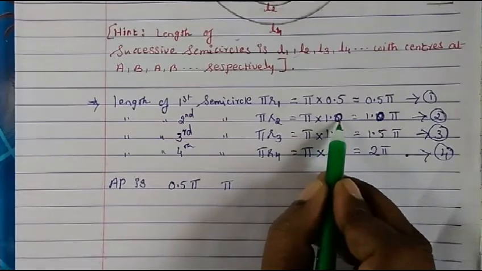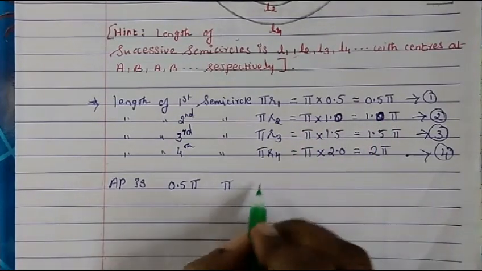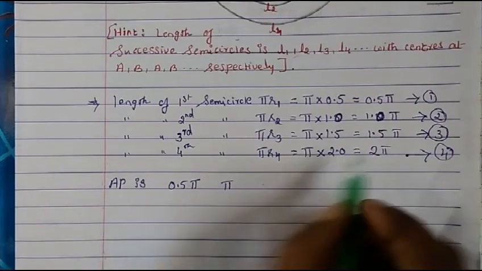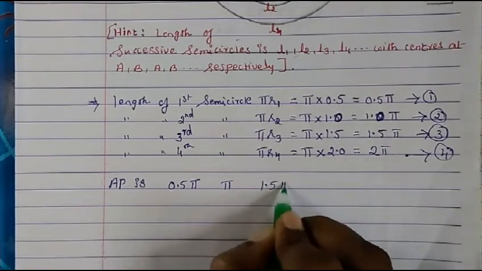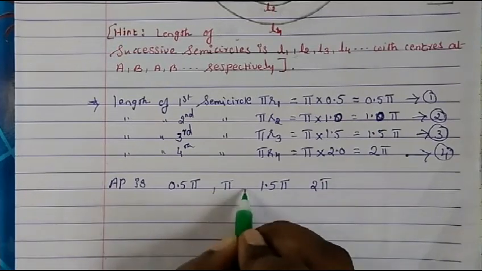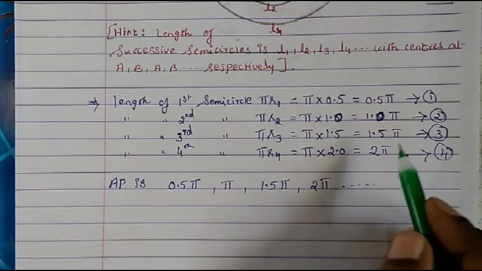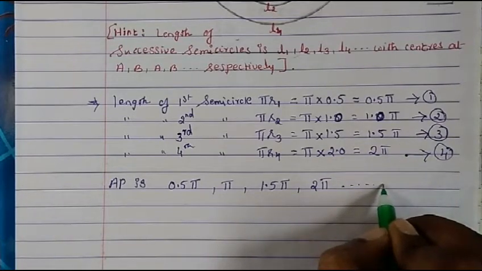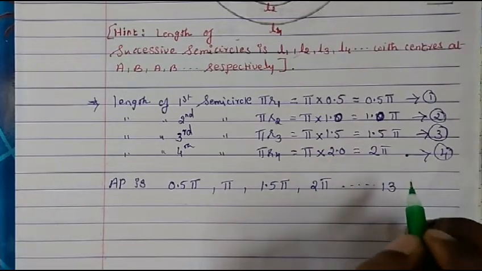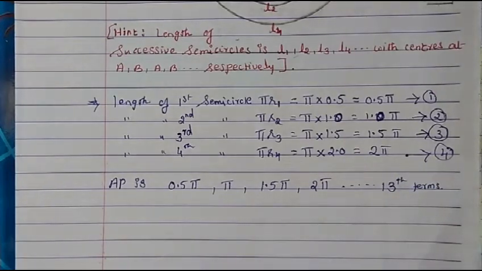Then 1.5 pi, then 2 pi, and so on up to 13 terms. How many semicircles do we have to find out? Up to the 13th semicircle, so up to the 13th term.